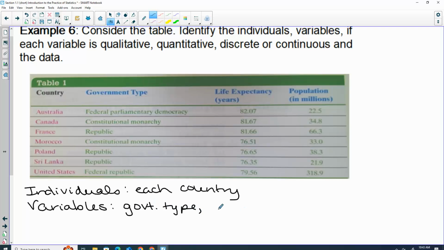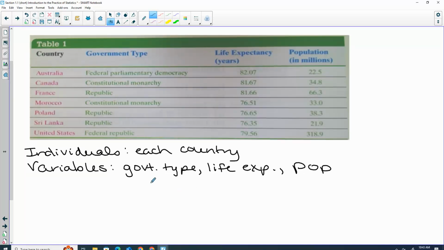What else? So 3 different variables we looked at here. Of those variables, qualitative or quantitative? So government type, what is that? Qualitative.